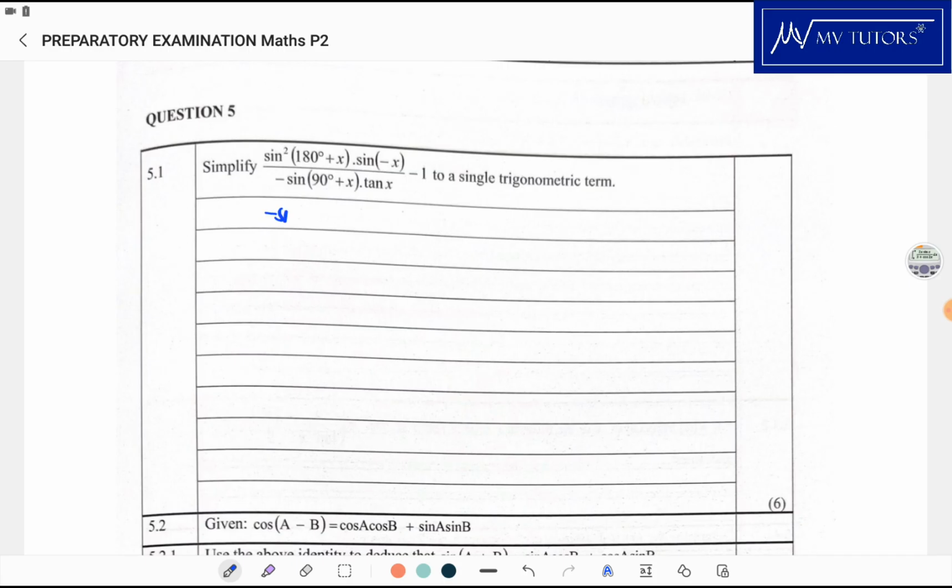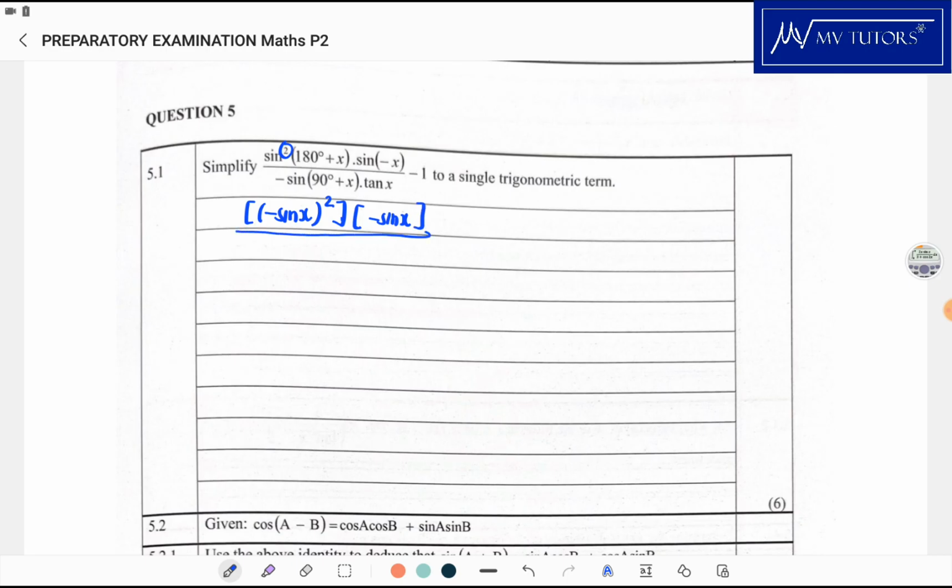So we have a negative sine x. But remember this is squared, which we deal with later. So please don't write this, because that would be incorrect. And then we have sine of a negative angle. The sine of a negative angle is actually negative, so we have negative sine x.